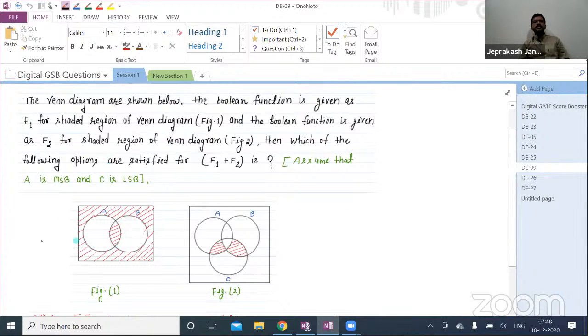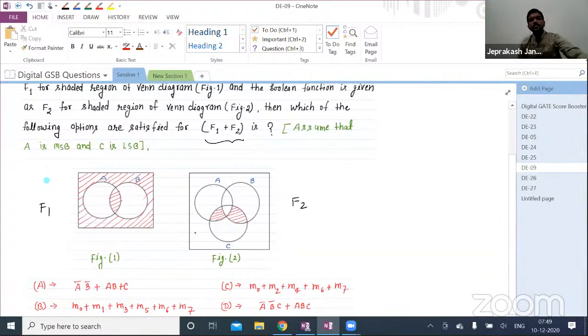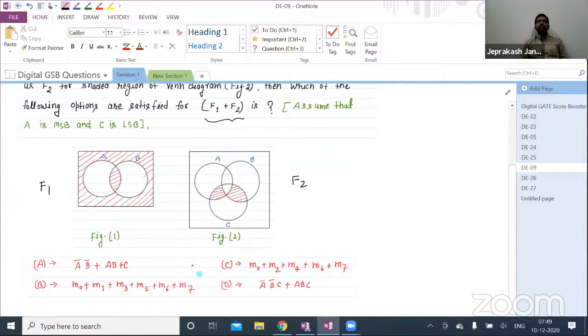The Boolean function is given as f1 for the shaded region of figure 1. Similarly, the Boolean function is given as f2 for the shaded region of figure 2. Then which of the following options are satisfied for f1 plus f2? You have to find f1 plus f2, and here he has given 4 choices. We have to choose which are the correct options.